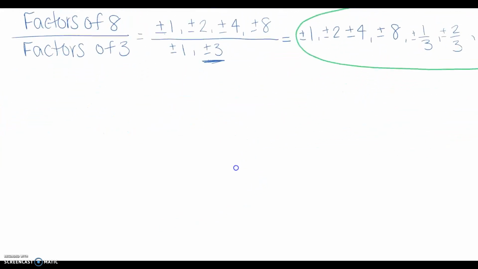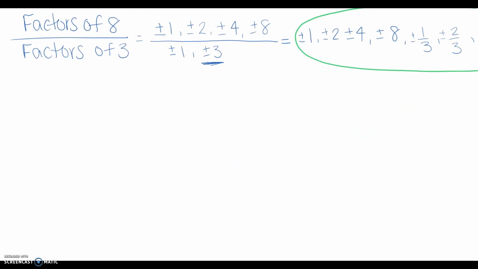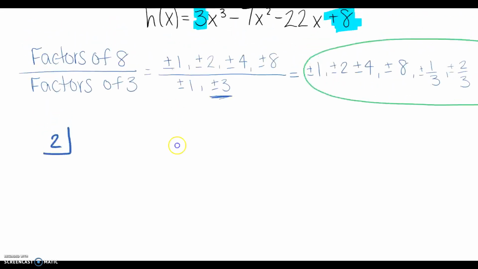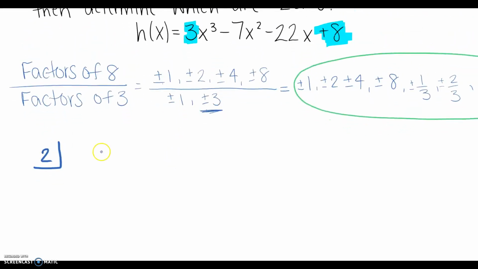So what we do now is we use synthetic division to determine the rational zeros, or a rational zero. And we can start with anything. I'm going to start with 2. So this is what I'm dividing by, and I'm going to write my leading coefficient, 3, followed by negative 7, negative 22, and 8.